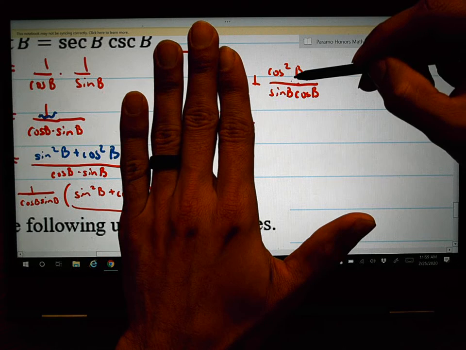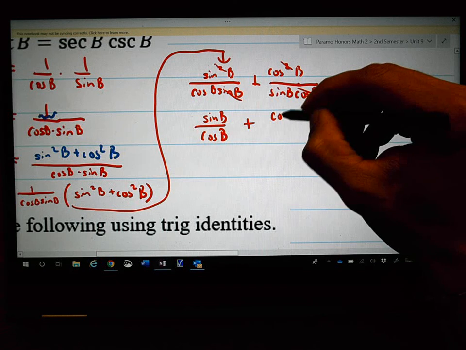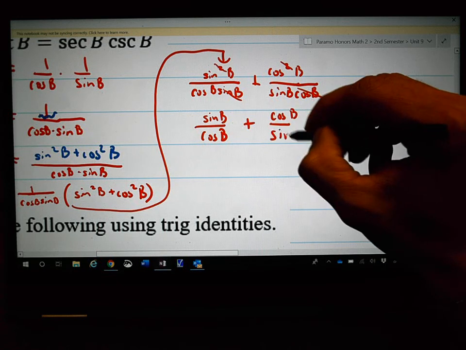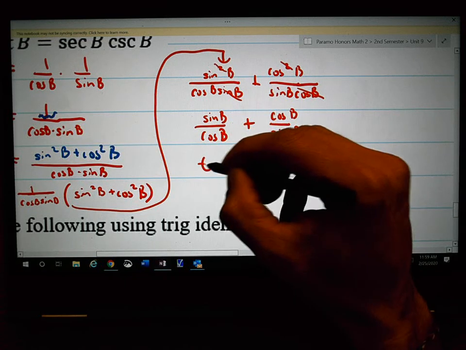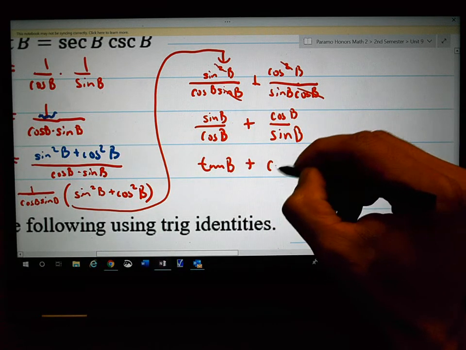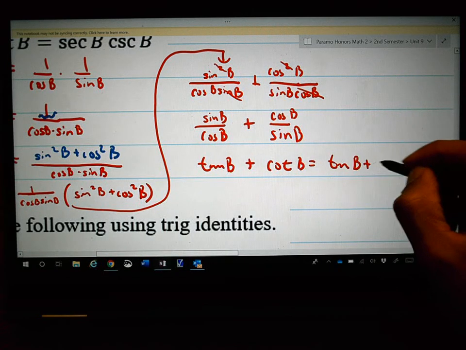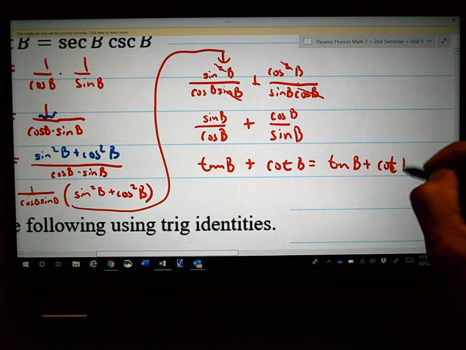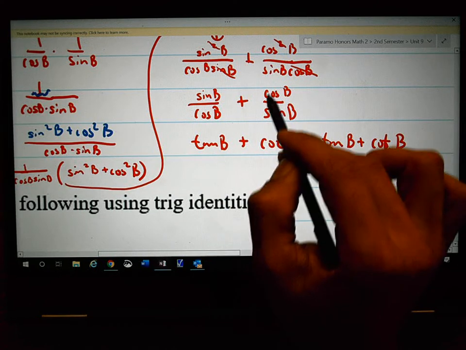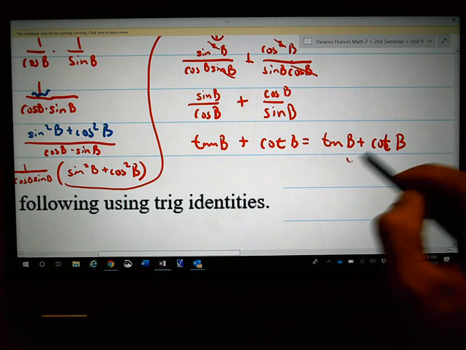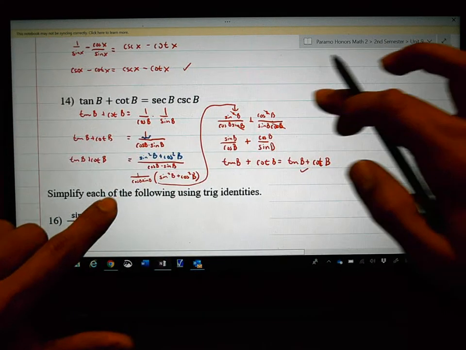I can reduce multiplication. I think I see cotangent. And what was I trying to get it equal to? I was trying to get the tangent of b plus the cotangent of b equal to tangent of b, cotangent of b. Look at that.